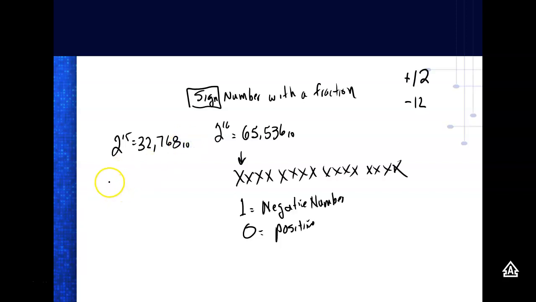Now what that did is it gives us negative numbers. We have 32,768 negative numbers, and we have 32,767 positive numbers. Why do we have one less positive number than negative numbers? Because 0 wipes out one of your positive numbers.